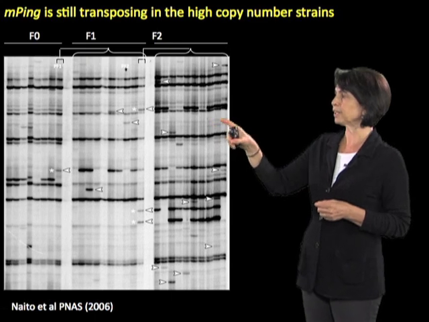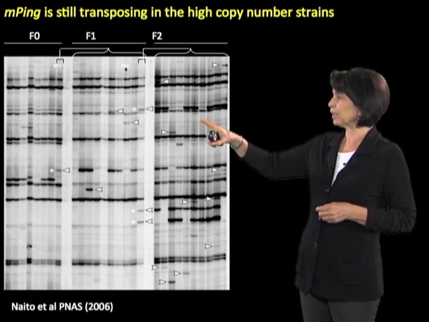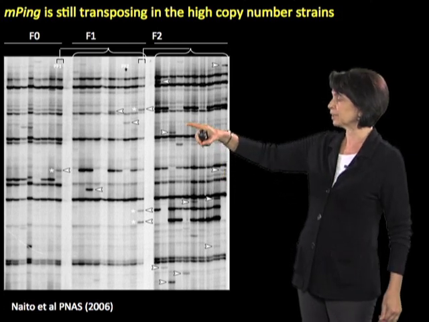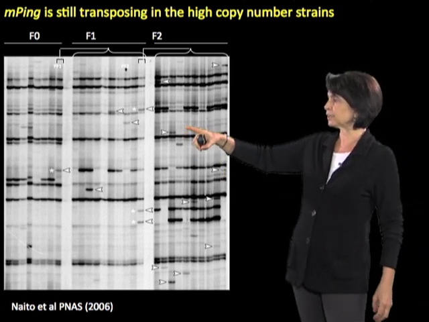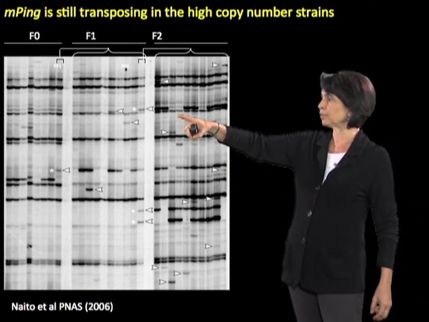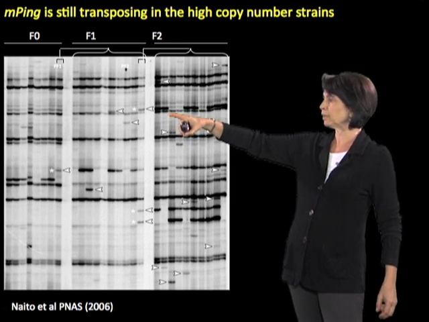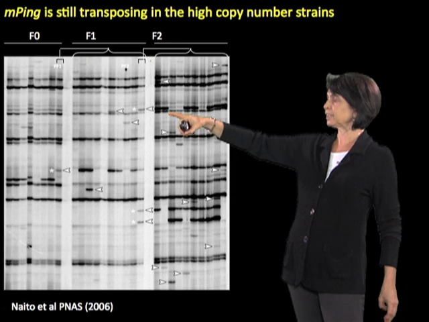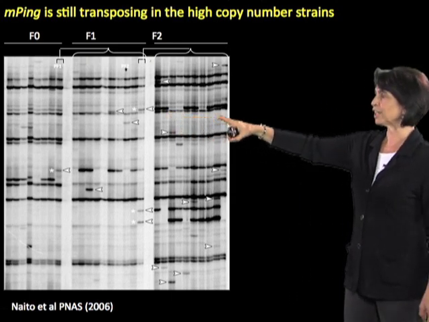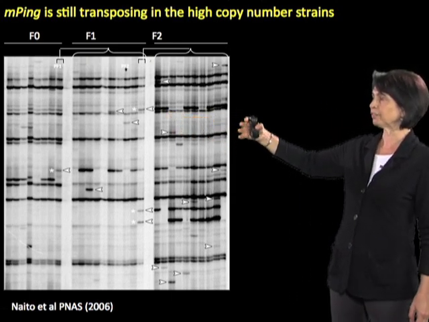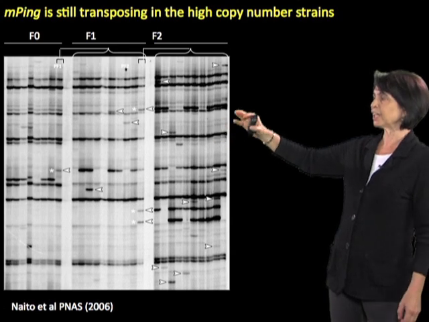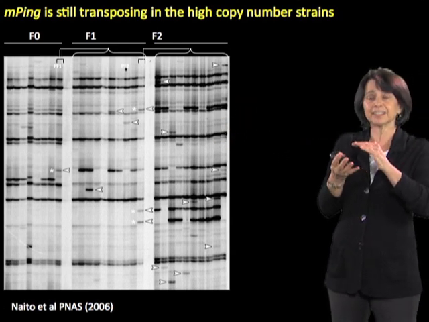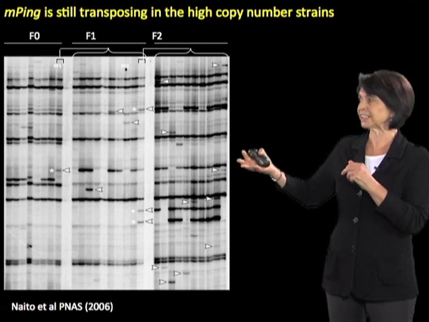So by comparing these 3 panels, and by looking at the white empty arrows, what you'll notice is that there's a band, say in the F1, that then in the next generation is segregating. Okay? So you see that band. That is a heritable insertion of Emping that is now segregating, because when it inserts in the F1 generation, it's heterozygous, and in the next generation, we see it segregating.